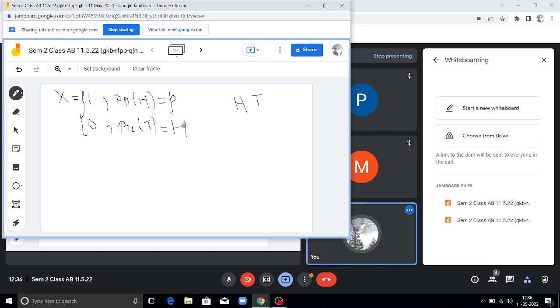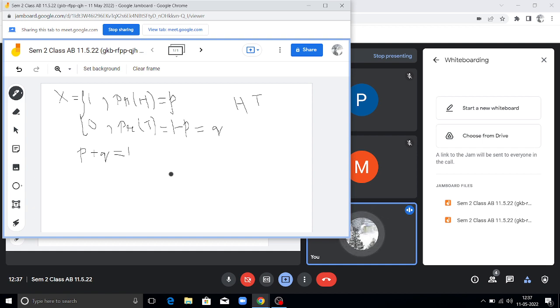So 1 minus p is sometimes called q, right? So p plus q equals 1.